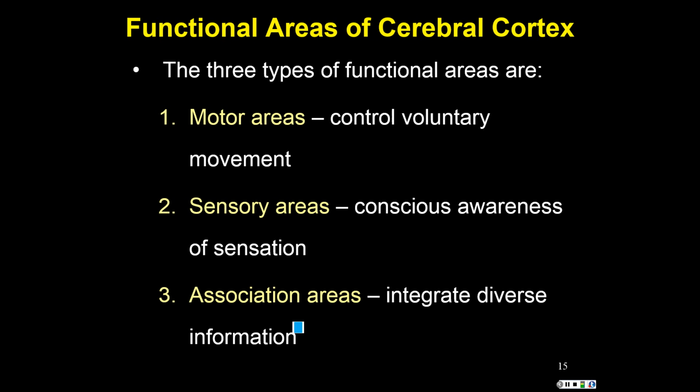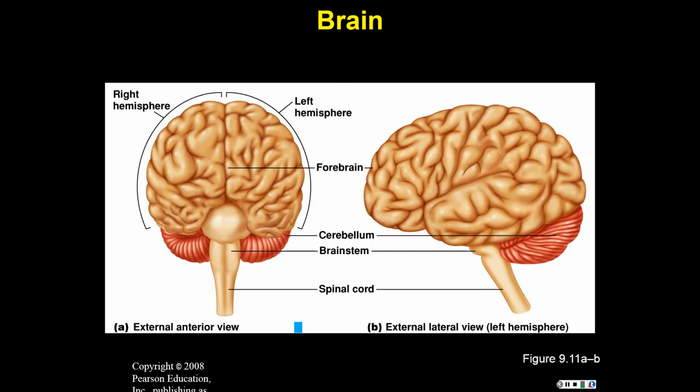And if you remember from your drawing, a lot of the cerebral cortex is just association areas. What they do is act like the control center where they integrate. They take in multiple modes of information and try to make sense of incoming information.